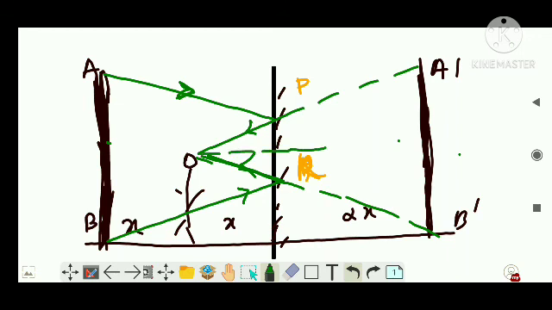Let's say this distance is D, this distance is D dash, and this is x to x. So this is your wall, this is the wall's image.